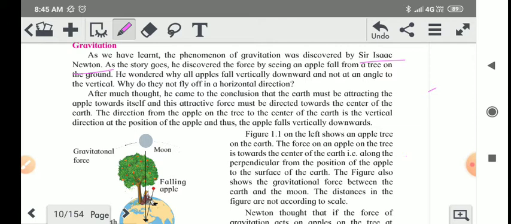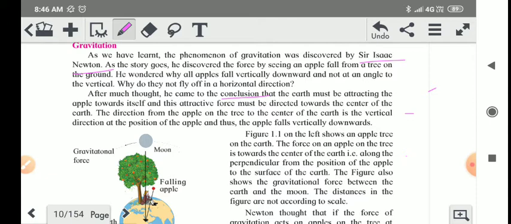Then after much thought, he came to the conclusion that the earth must be attracting the apple towards itself, and this attractive force must be directed towards the center of earth. The direction from the apple on the tree to the center of the earth is the vertical direction at the position of the apple, and thus the apple falls vertically down.